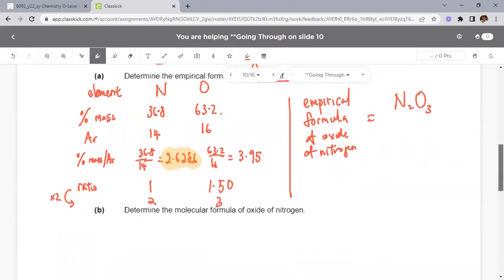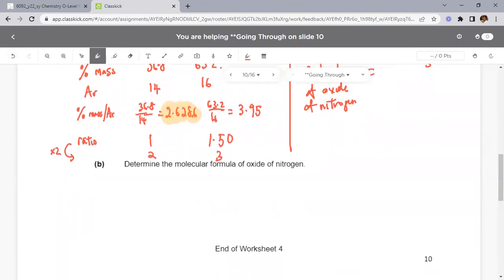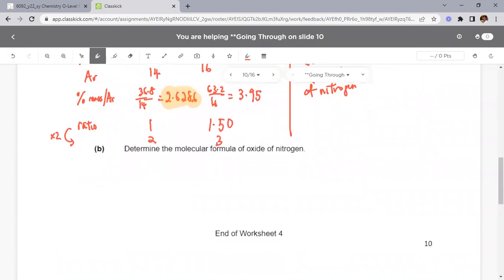And step B, determine the molecular formula. I think this one is where most of you are more familiar already because we've done it most recently. Once you're able to get the empirical formula of N2O3, I'm going to now find the MR of the empirical formula. This will be equivalent to 2N plus 3O.